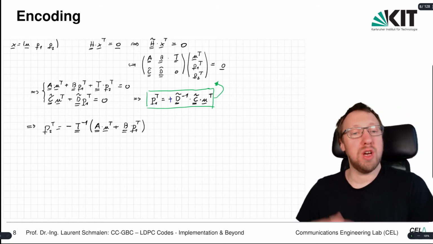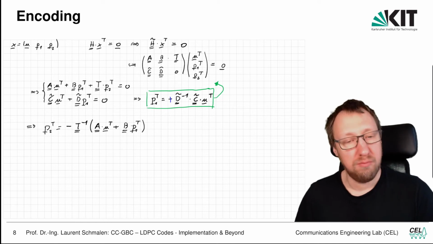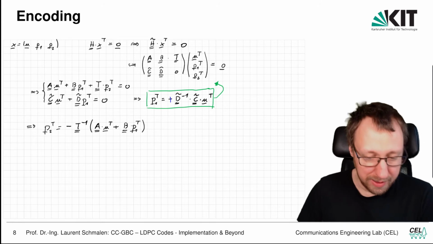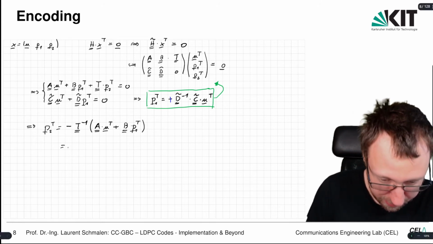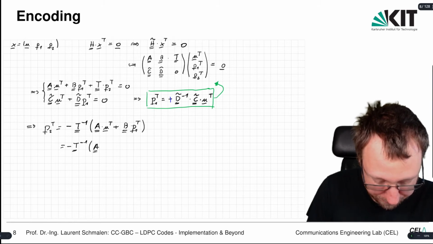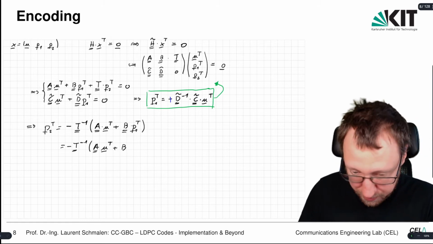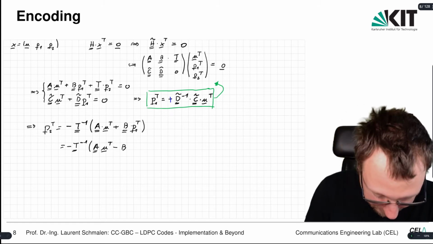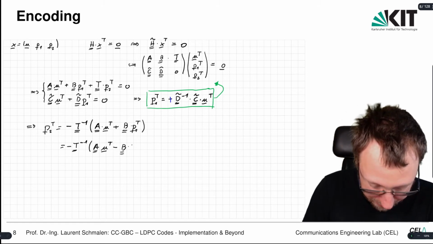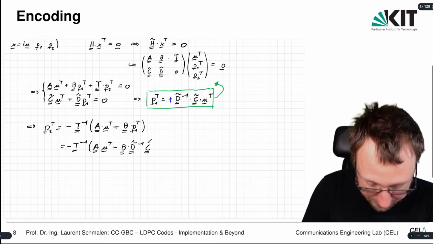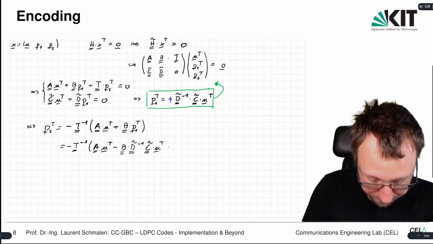Okay, so we can just insert and solve these. Perfect. We can also insert the expression for P1 directly, and that gives us T to the power minus 1, A times U transposed plus B. Actually, let's keep it with all the minus signs. So it's going to be a minus B times D tilde to the power minus 1 or inverse times C tilde times U transposed.